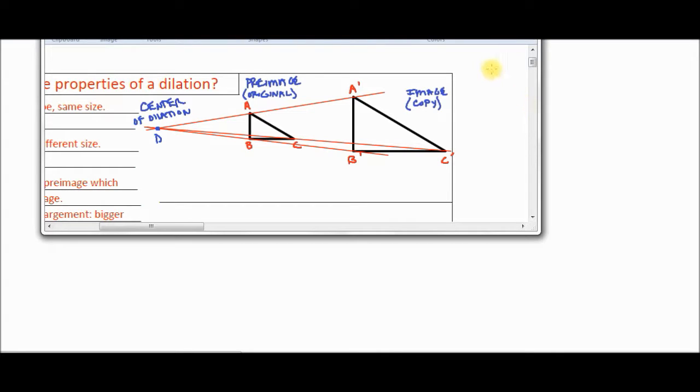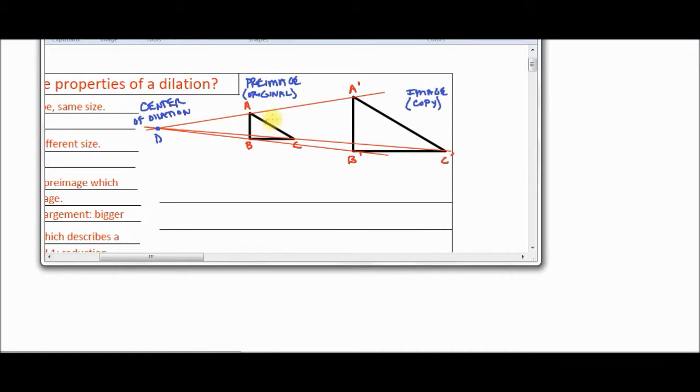Okay, let's take a look at some other properties of dilations now. The first thing we will notice if we check these 2 shapes out, if this were a true dilation, is that the corresponding angles are congruent.